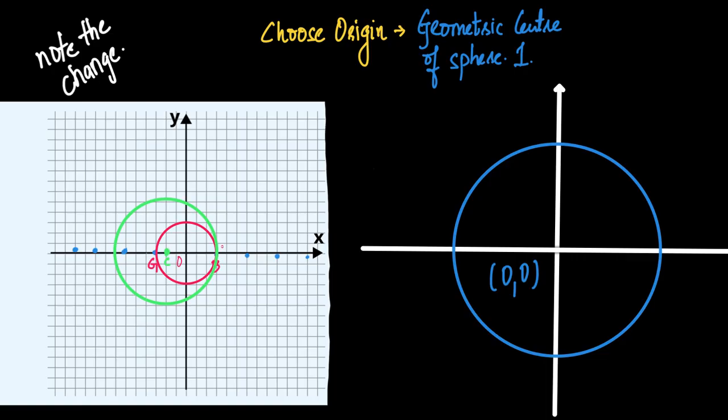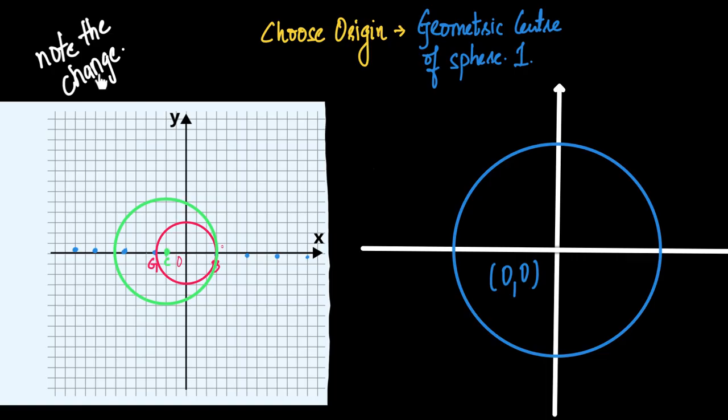Now, please note the change here. What is the change? The change is that in this reference figure, I have just placed the sphere in such a fashion that the origin is not at C. The origin in this figure is, according to this figure, at O. Okay.